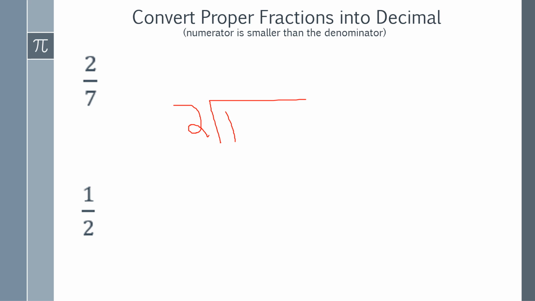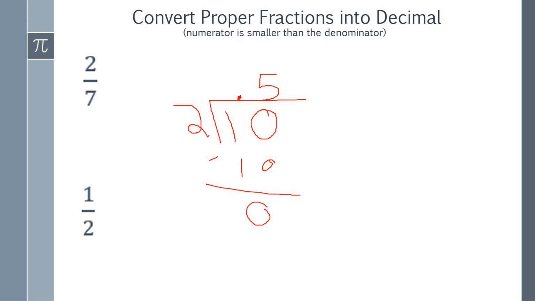So you add that 0, put a decimal point right before that 0 up here, and then can 2 go into 10? Yes, 5 times. 5 times 2 equals 10, and 10 minus 10 equals 0.